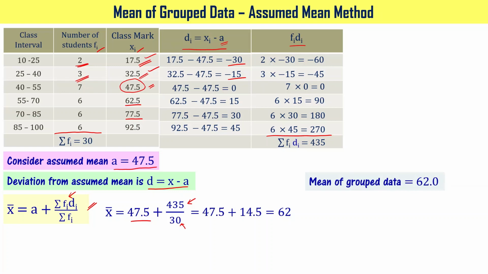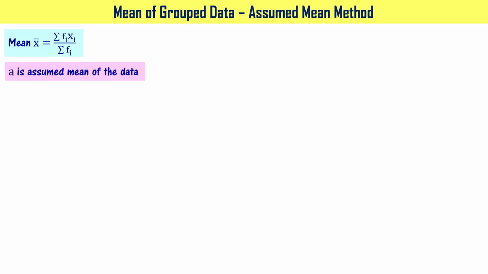The reason for that is this particular formula, whatever we have written, is essentially the same as sigma fi xi divided by sigma fi. We'll see that now. You got the assumed mean method, I hope. Now let's understand how you get this particular formula. We said that mean x bar equals sigma fi xi divided by sigma fi, right? And a is the assumed mean of the data.